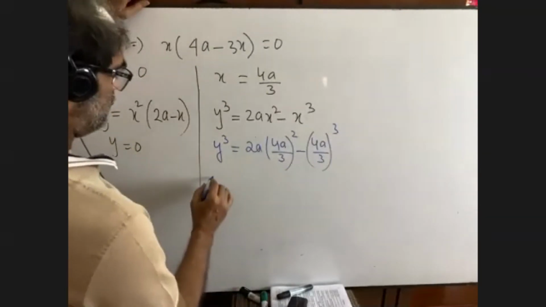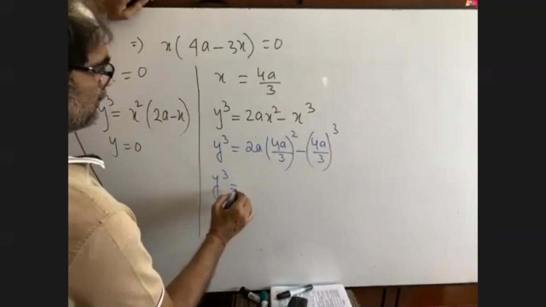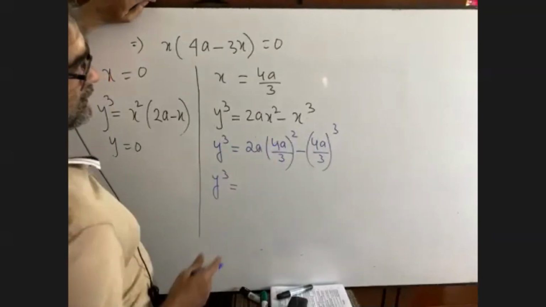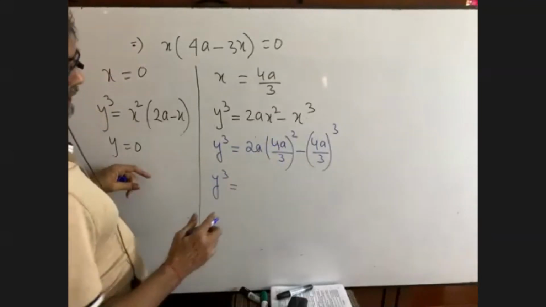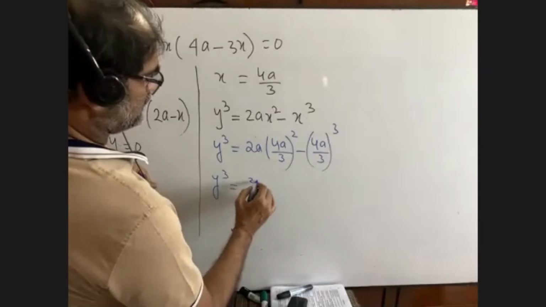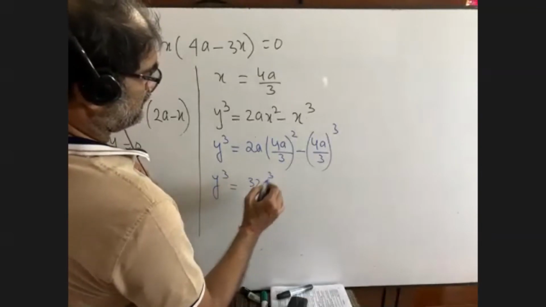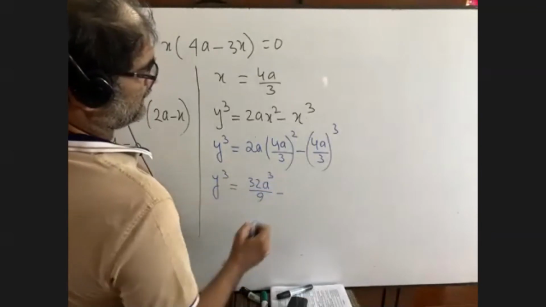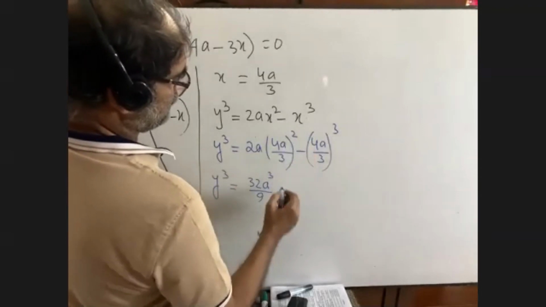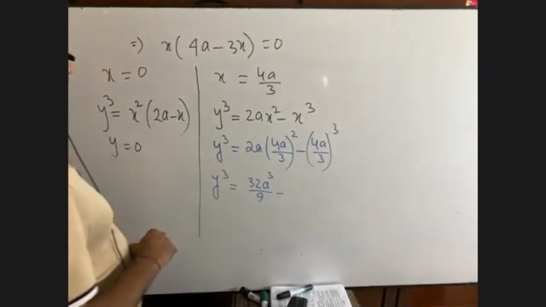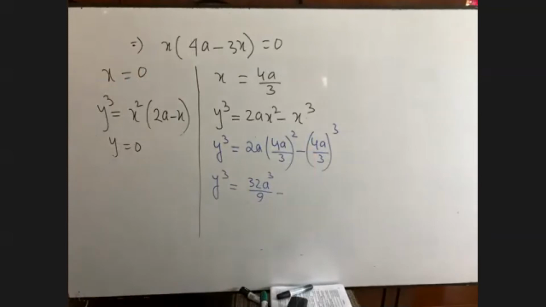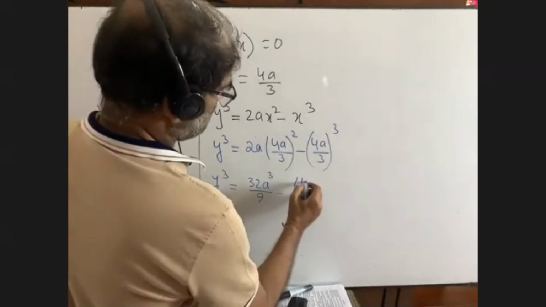That means y cube equals to 4 4s are 16 into 2, 32a cube by 9 minus, what? 64a cube by, sorry, 27.